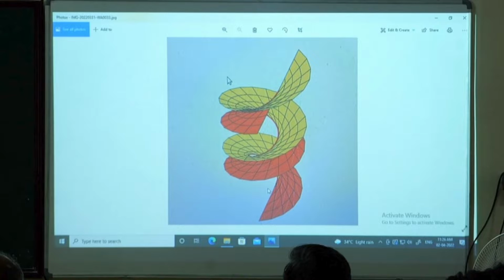So this is the three-dimensional version of that, surface version of that. This is a helicoid. You might have seen what are usually referred to as spiral staircases, right? So those are precisely these helicoids.